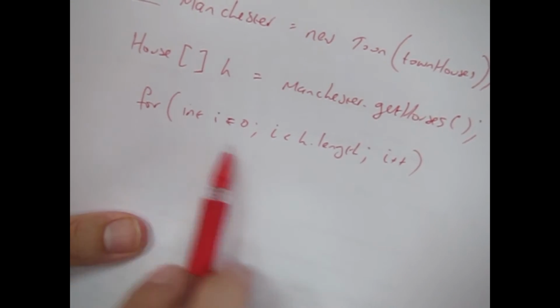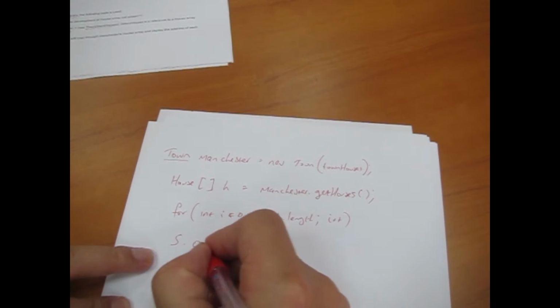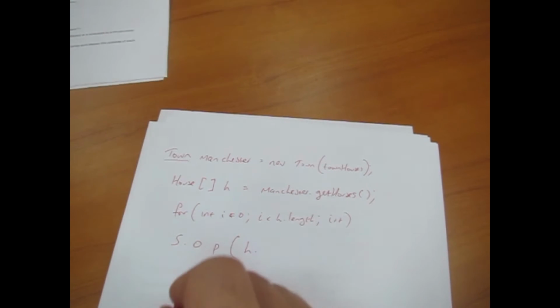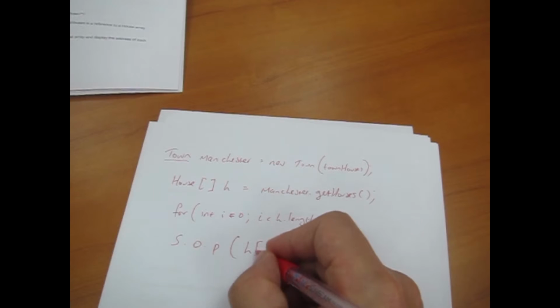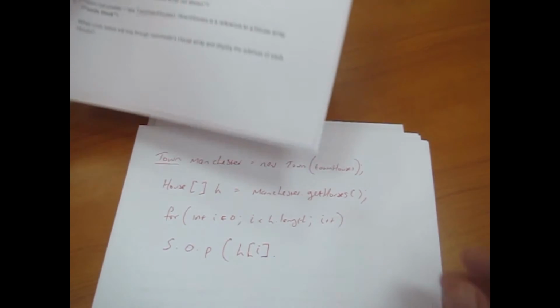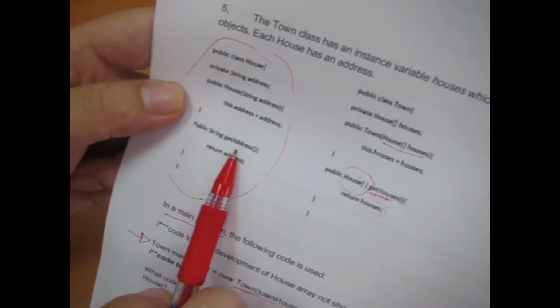Okay, so I'm going to loop through the array, and I'm going to System.out.print h[i].getAddress().